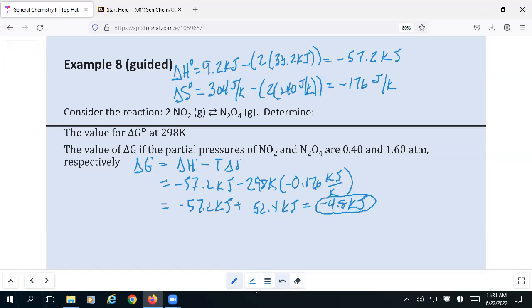So that's part one here. Part one, just kind of your standard figure out delta G, especially since we weren't given an equilibrium constant at this particular temperature. Again, if you're not given that, go revert back to what you know how to do.